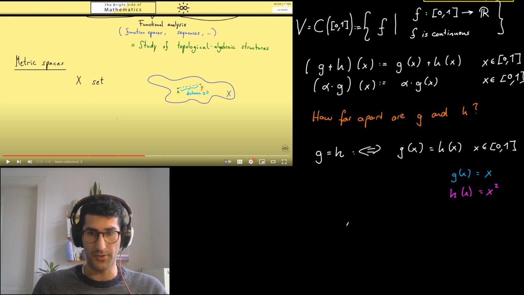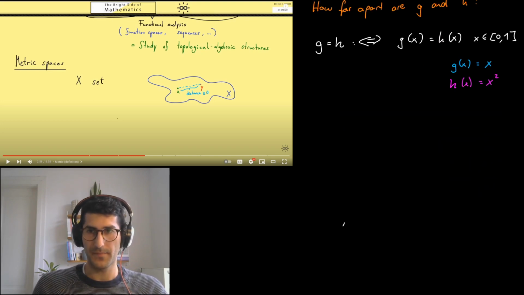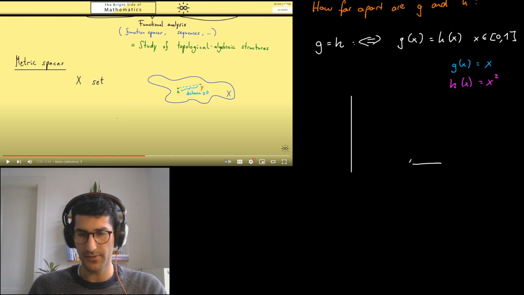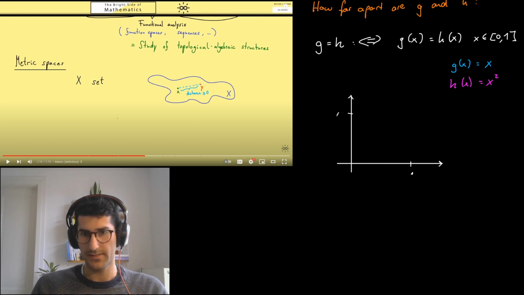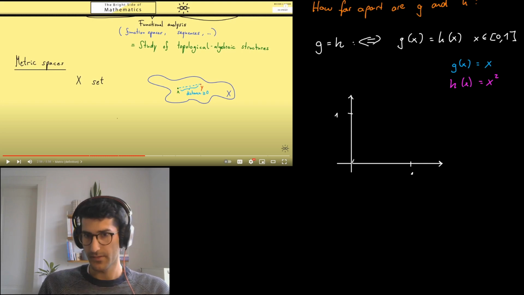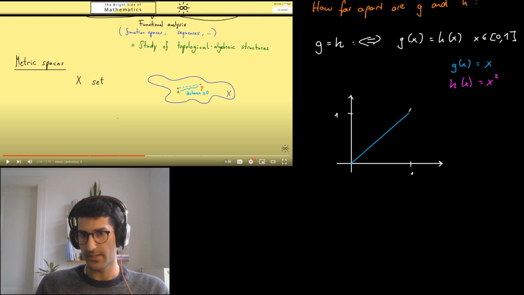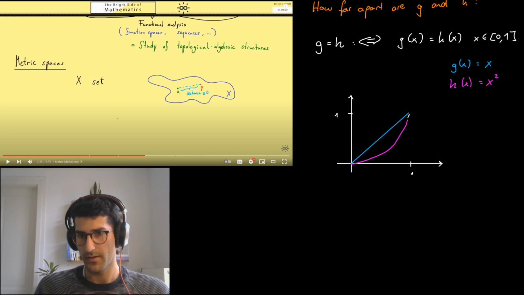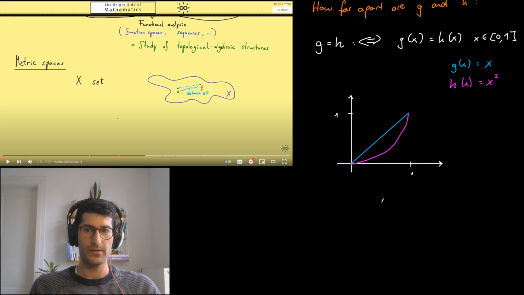Let's also make a plot of these functions. They are both defined on the unit interval, and they also have the property that they map the unit interval to itself. So this is a fairly small sketch that we need here. The linear function will look something like this, and the parabola will start also at 0 and be below, and then they meet again at 1.